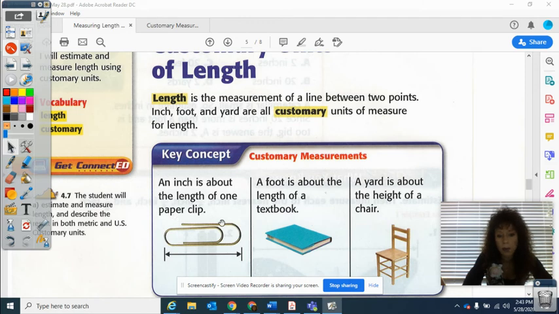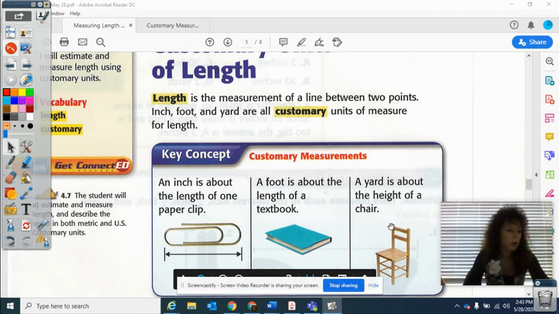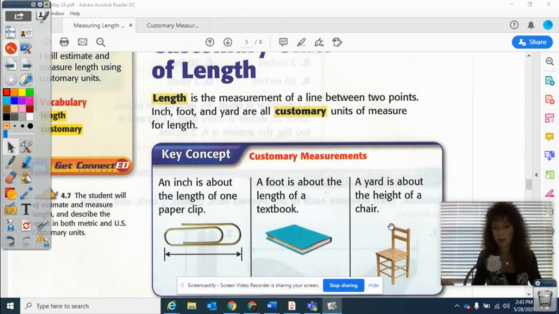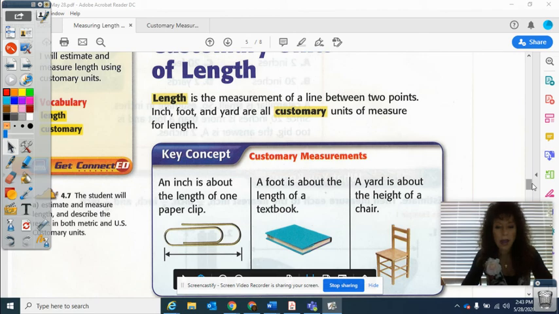An inch is about the length of one paper clip. A foot is about the length of a textbook. A yard is about the height of a chair. My kitchen table is kind of small. It's about a yard wide and about 4 feet long. Maybe about half of your sofa length is about a yard.